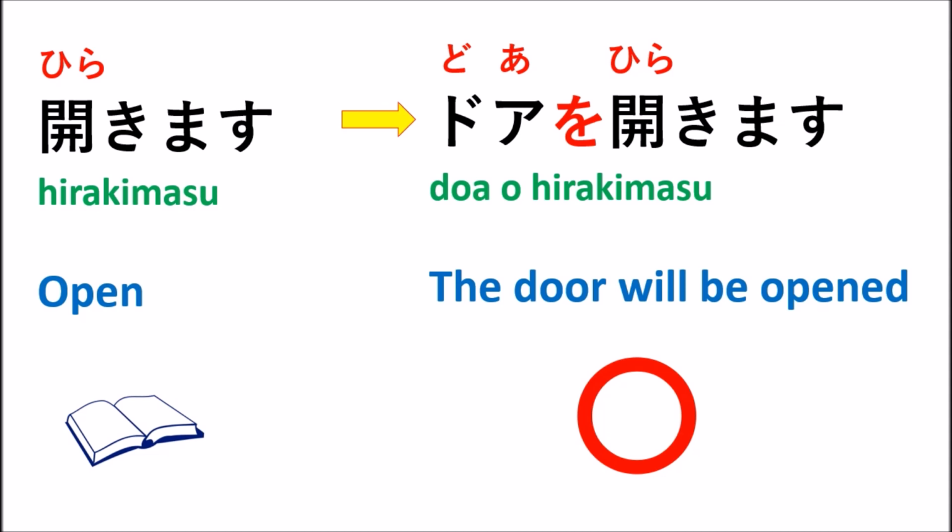But the verb akimasu just means you open something like a door. What you have to remember is that hirakimasu means you look at something inside, so you open. So in this case, they use hirakimasu. For example, hon o hirakimasu.